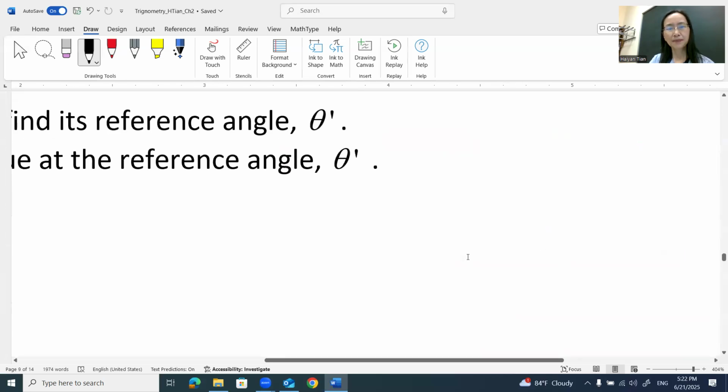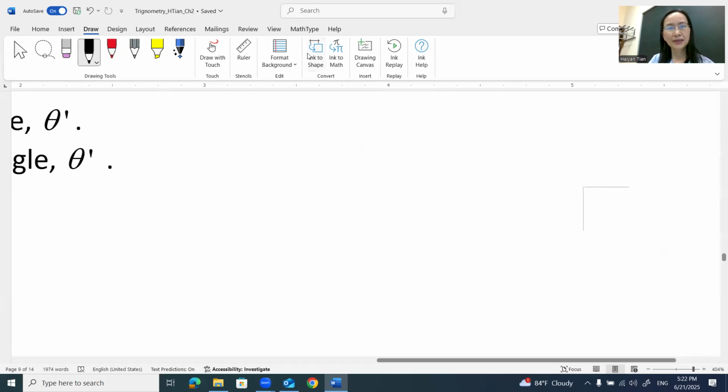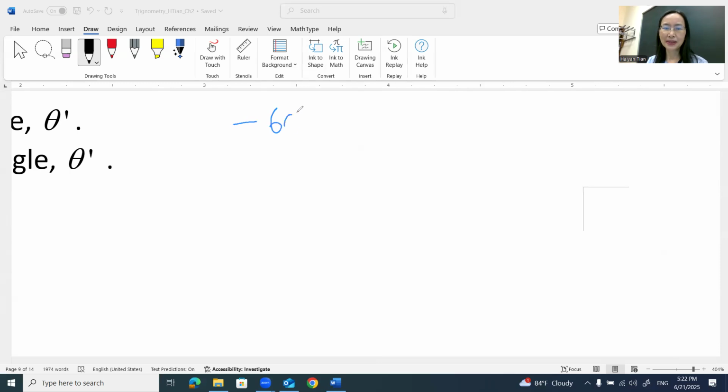So now we can think of some simple, let's make up a problem. Suppose I have a negative 60 degrees. Well, this one is easy because you can quickly determine it is in the fourth quadrant, right?